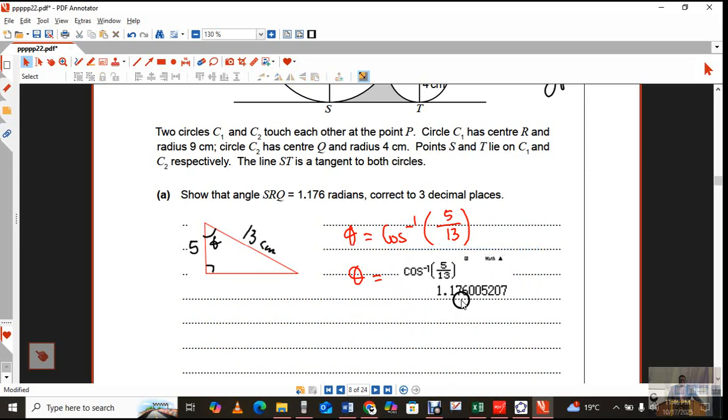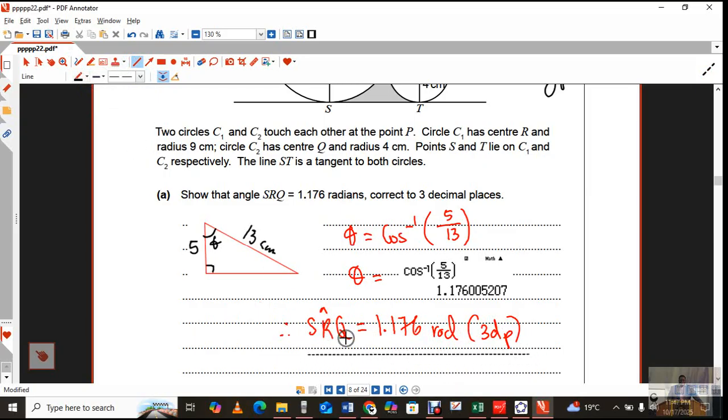This answer is 1.176 and so on, to 3 decimal places. Therefore, angle SRQ is 1.176 radians to 3 decimal places. Okay, so that is all that you were supposed to do in that question.